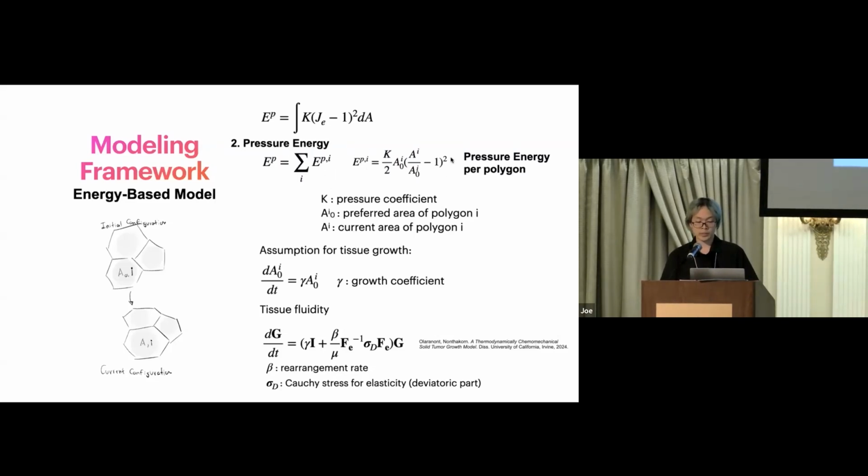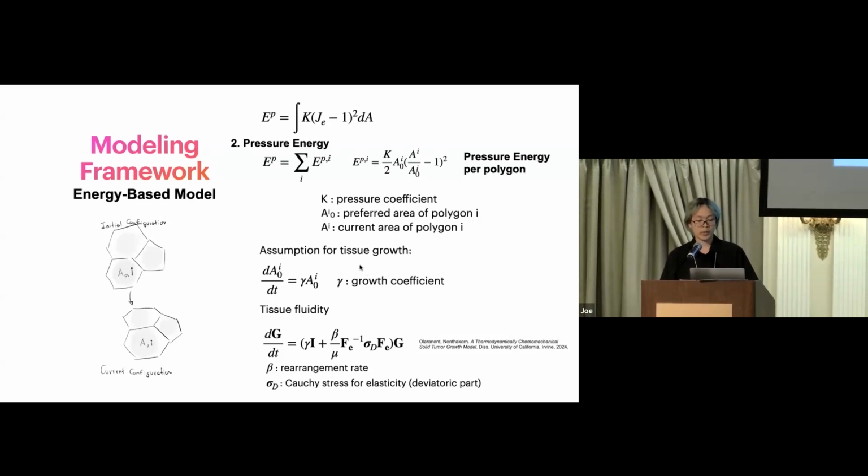If you look at the equation here, the pressure energy per polygon depends on capital K, the pressure coefficient, and then A0, the preferred area of the polygon, and A, the current area of the polygon. So you can see this as an equation for the cells to resist expansion or compression. Basically, it wants the area of the polygon to be about the preferred area.